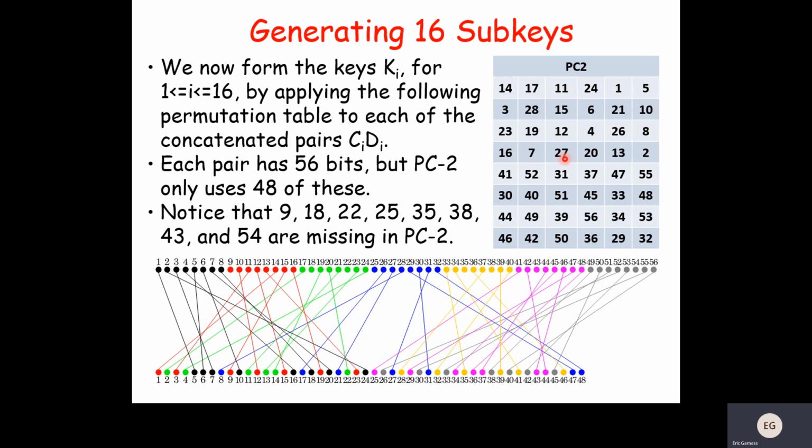Okay, notice that we lose some bits. Of course, if we go from 56 bits to 48, we lose 8 bits. The bits that are lost: bit 9 is not used. Another that is not used is bit 18. Bit 22 also is not used. So we will lose some bits in this permutation, and we will go from 56 bits to 48 bits.